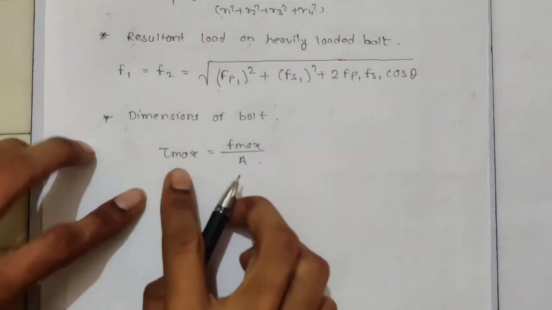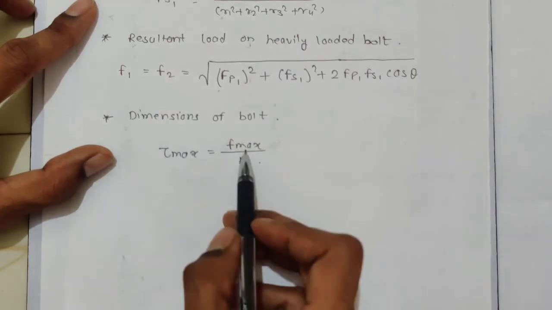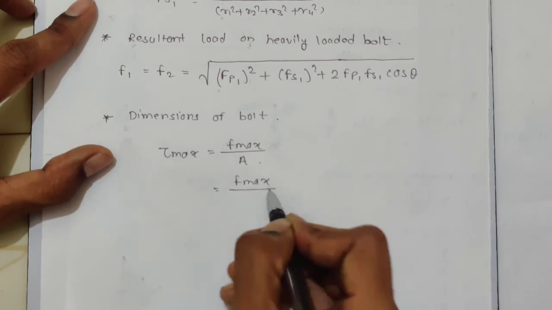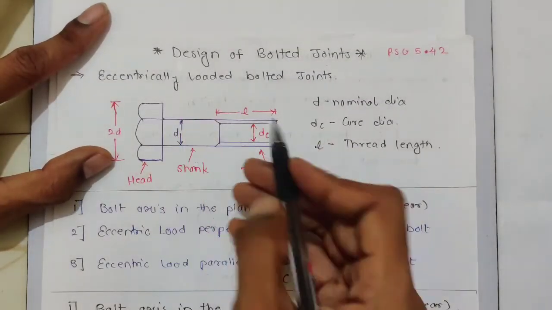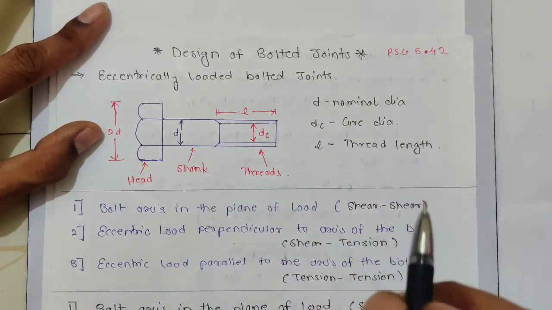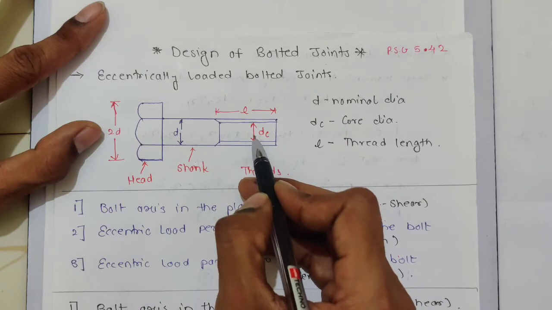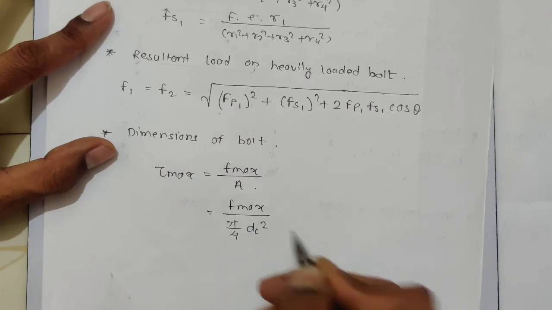Now tau max will be given in the question. For F max, you just put the value of F2. What is the area? Area is nothing but the area of the bolt. We always take the minimum area of failure. So what will be the minimum area here? DC. So it will be pi by 4 DC square. For a bolt it is pi by 4 DC square.